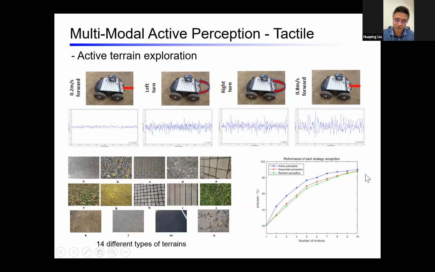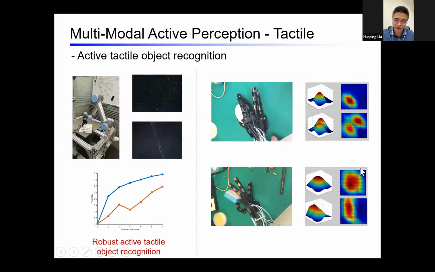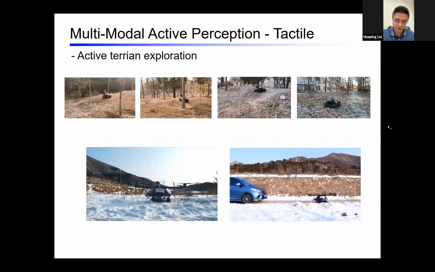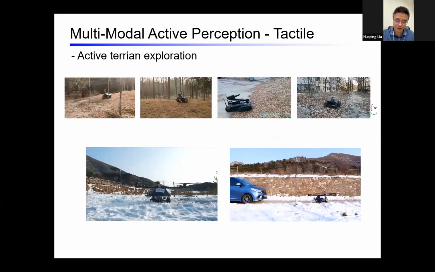We can see from the picture, for different moving actions, the vibration information is also different. Here we have collected 14 different types of terrains, such as concrete, grass, stone, with a Bayesian probability perception method and active exploration behavior. Our method is likely to enable the mobile robot to sense the vibration and decide the next action autonomously. Here are some potential applications.